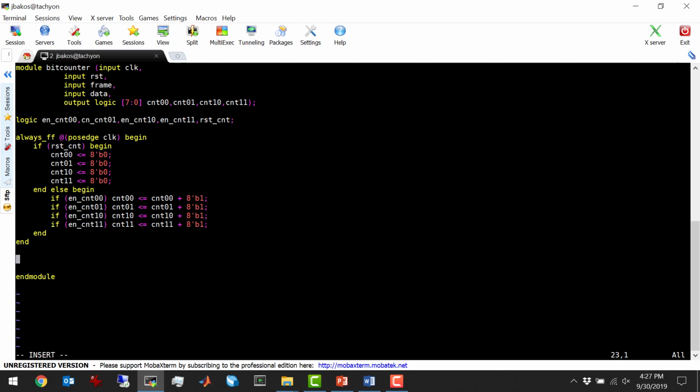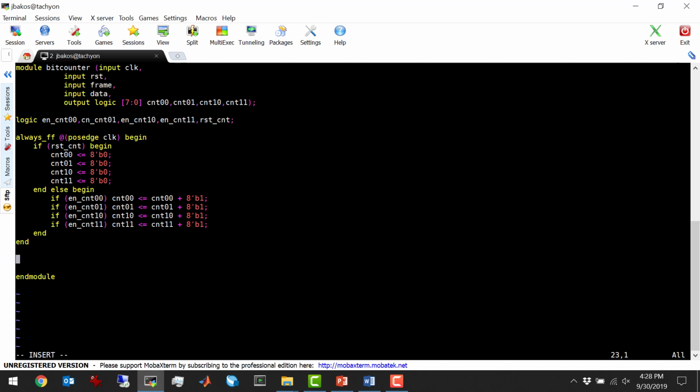And once I'm in that state, I'll enable the counter for the 00 counter, which I called enable count 00 equals 1. So again, I'm assuming that if I don't set one of those enables to 1 or the reset to 1, it's implied to be 0, right?